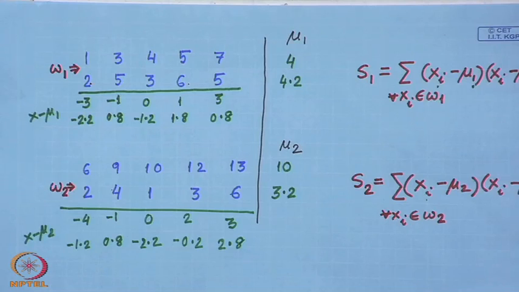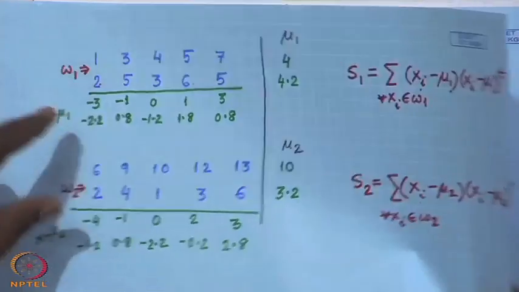And now, I have to go for computation of the scatter matrices S 1 and S 2. So, for computation of S 1, I have to find out x minus mu 1 into x minus mu 1 transpose for every x minus mu 1 taken from class omega 1. So, the first one is minus 3, minus 2.2. So, let us see what this will be.